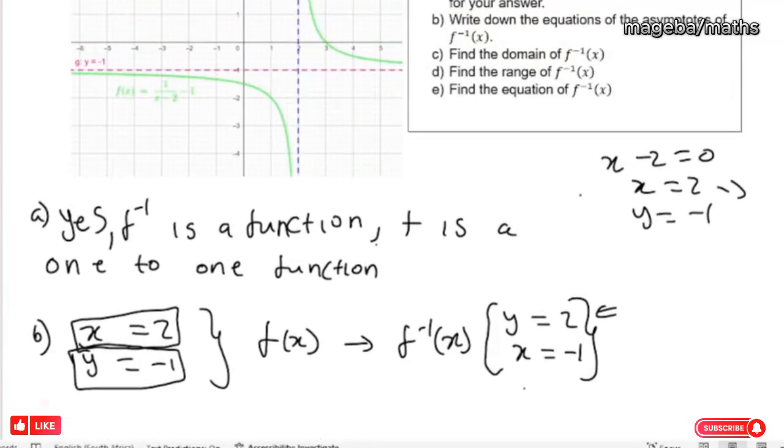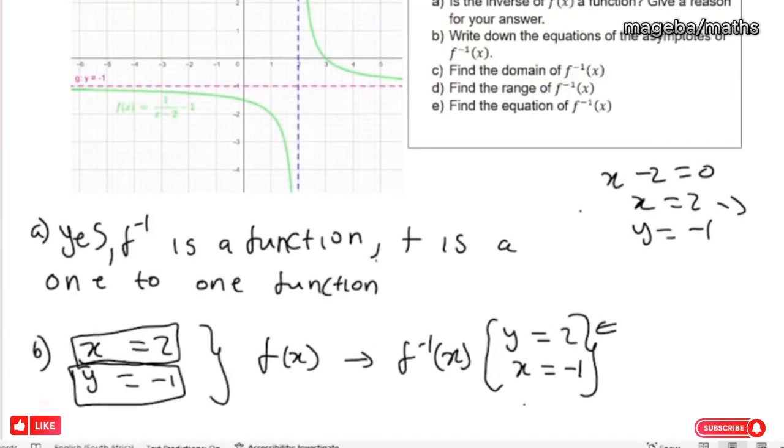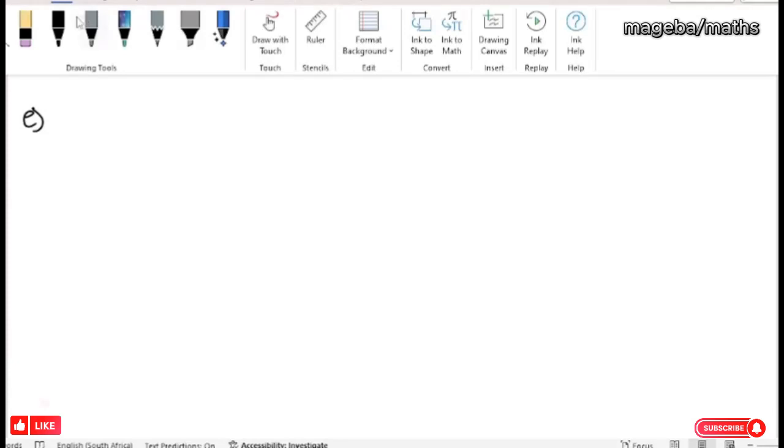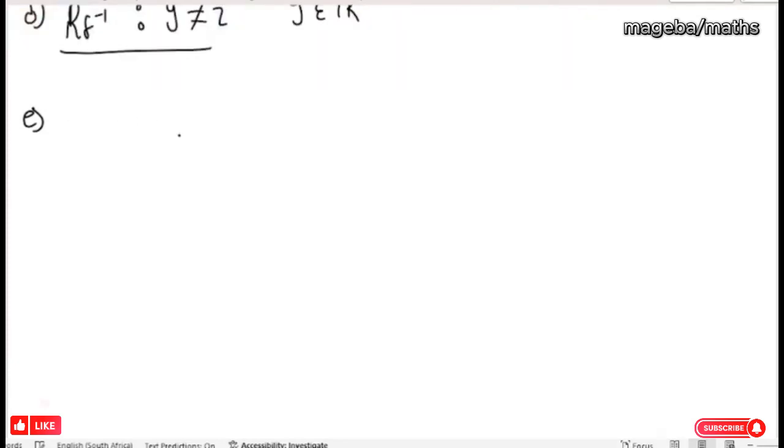Now my last question is to find the equation of the inverse. Finding the equation of an inverse is the last question that I need to do. My f of x is 1 over x minus 2, then minus 1. Now I need to find the inverse of this function.